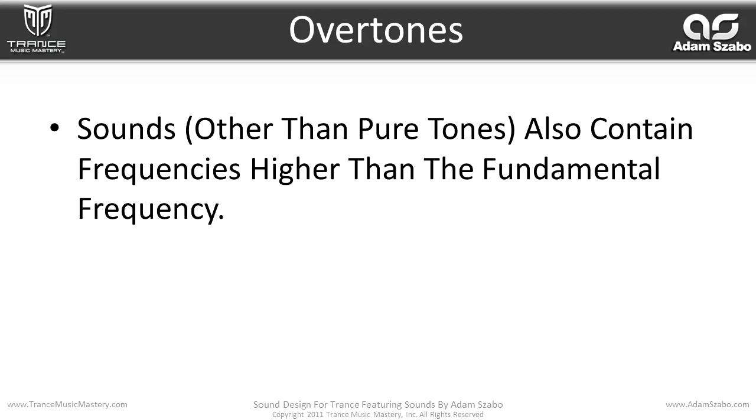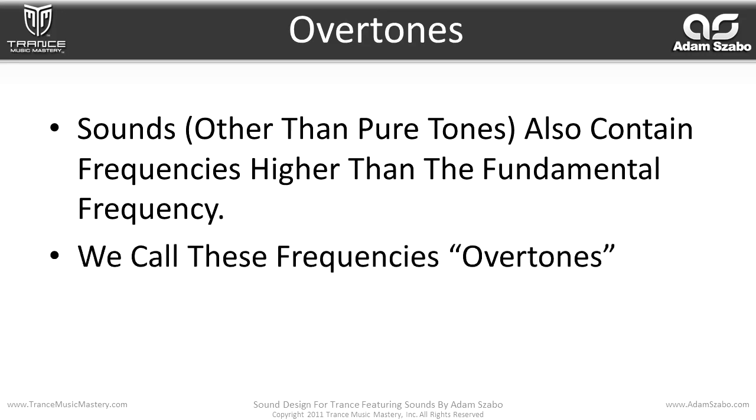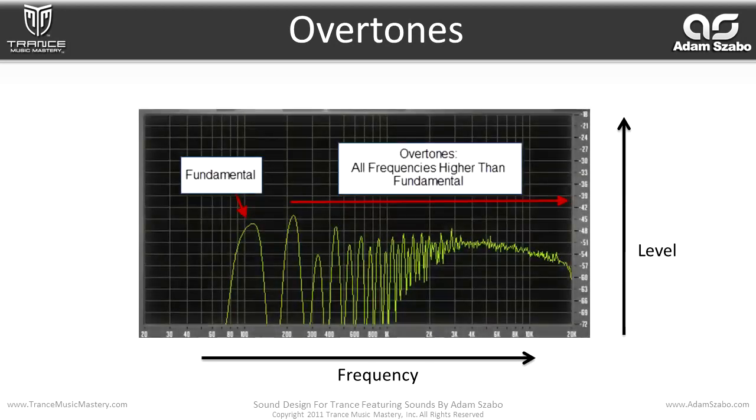Sounds other than pure tones, in other words, complex sounds, also contain frequencies higher than the fundamental frequency. We call these frequencies overtones. So if we look at these in a spectrum analyzer, the fundamental frequency is the lowest frequency present in this sound, and all the other frequencies present in the sound higher than the fundamental are called overtones.